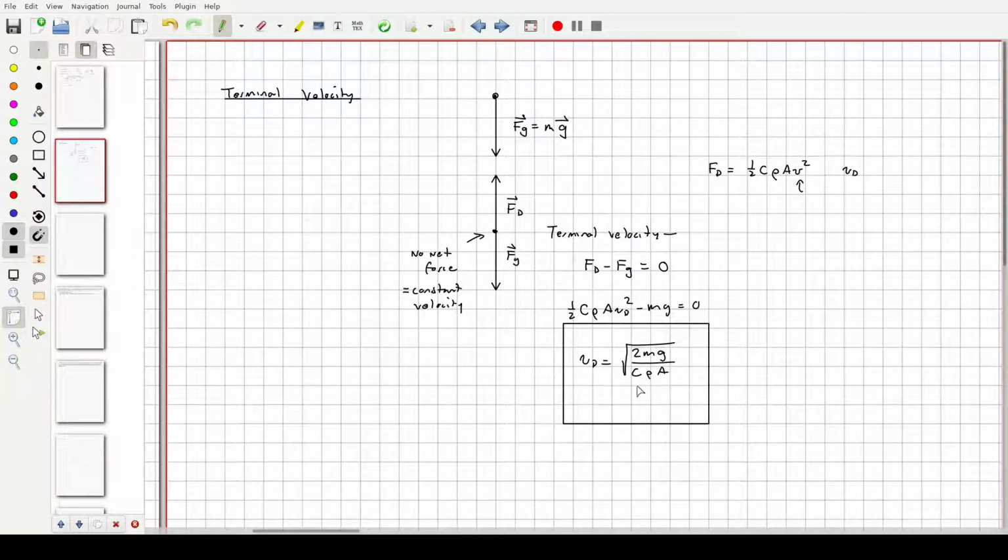Or heck, moving through water or anything like that. And the important thing is, again, the C thing has got the characteristics of the fluid that you're moving through. And you also have the density of the fluid that you have to take into account as well. This area is the area that's being presented by the thing that's moving through the fluid. Okay. And as you can see, the bigger the area, the smaller the terminal velocity.